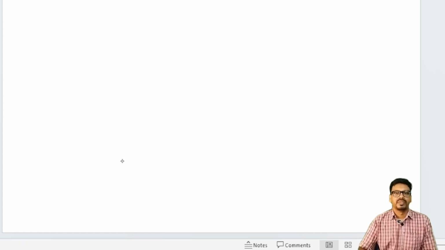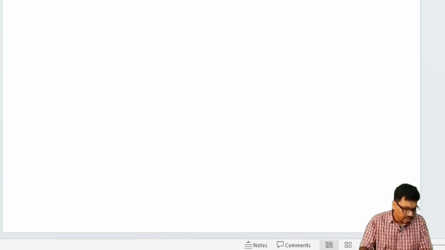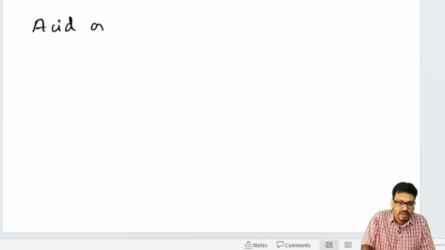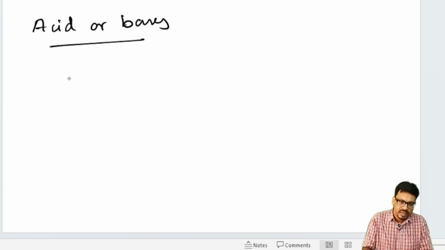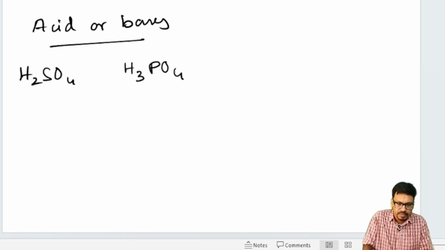Now the next one is for acids or bases. Clear? Say for example, sulfuric acid, phosphoric acid, H3PO4.